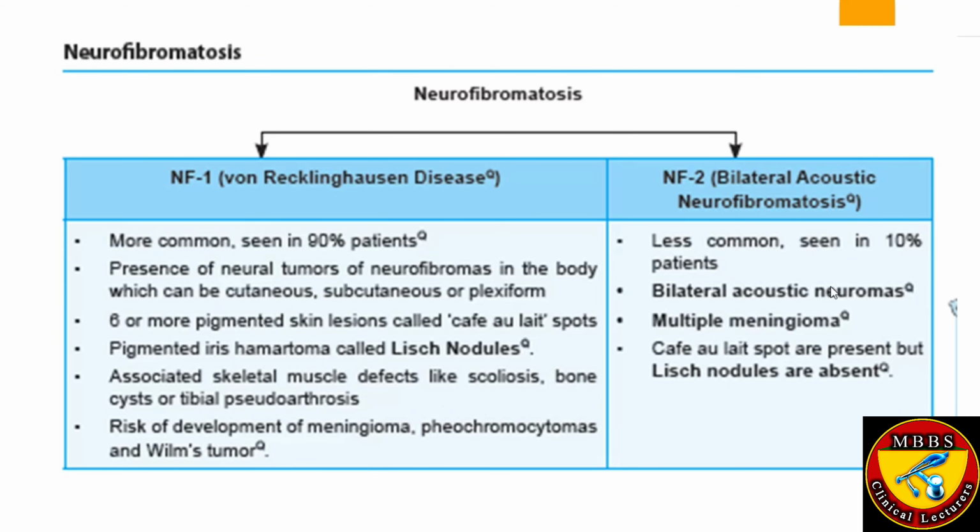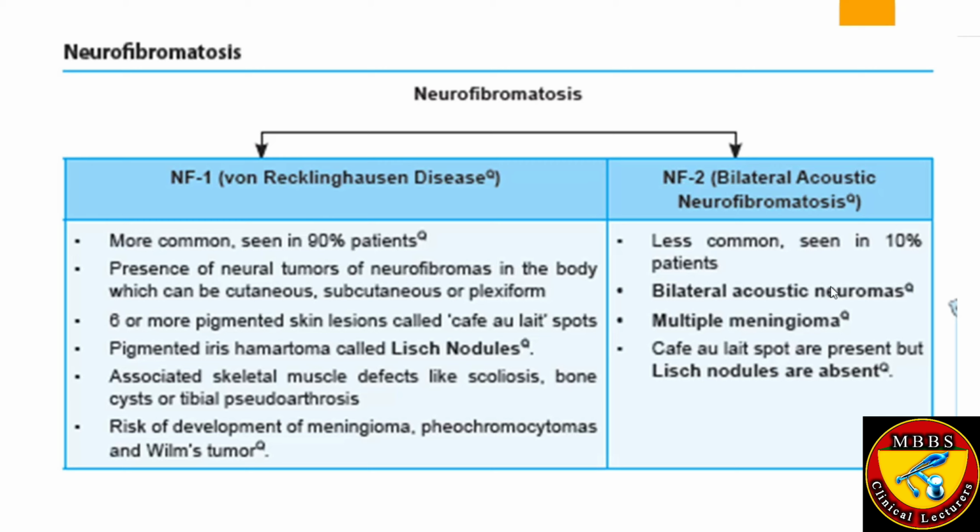If we talk about neurofibromatosis, it is classified on the basis of gene, either NF1 or NF2. NF1 is also called von Recklinghausen disease, and NF2 is also called bilateral acoustic neurofibromatosis. NF1 is more common, around 90%.